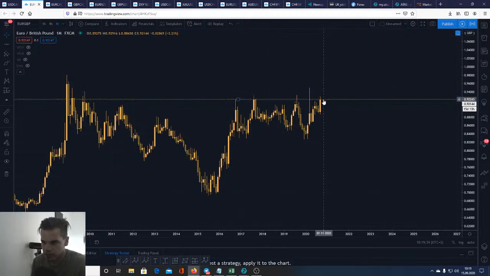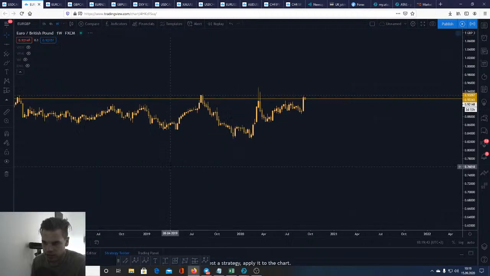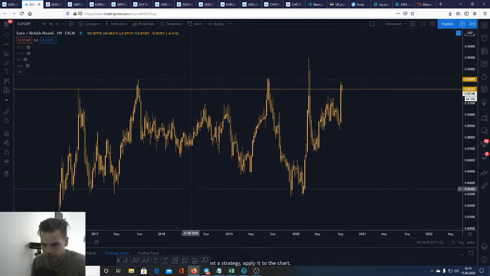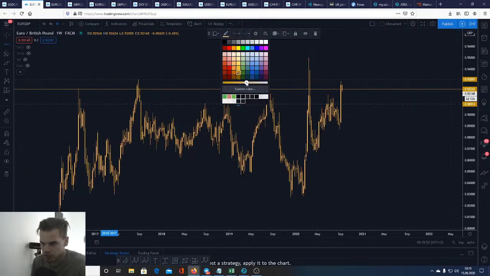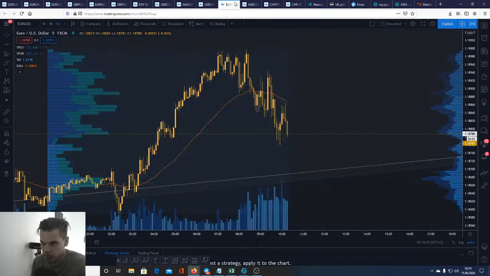This could be a fake out right there. Could get interesting. But as always, Euro GBP is a very volatile pair and can be very unpredictable, especially when you consider that we still have Brexit talks going on, so GBP can move in any direction at any time.